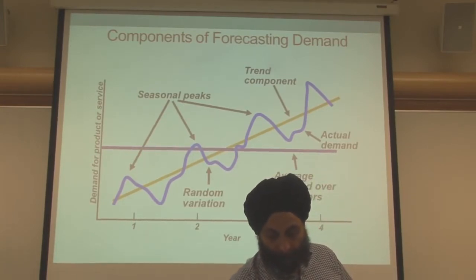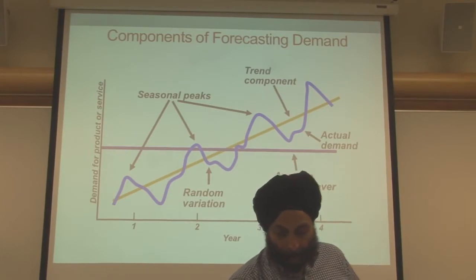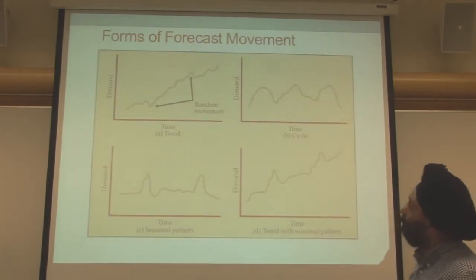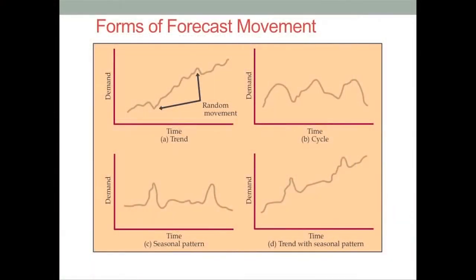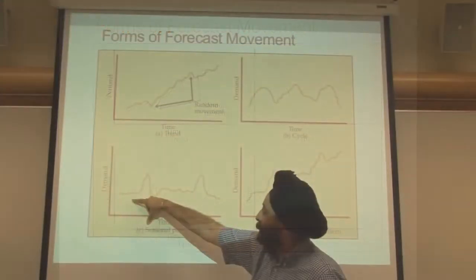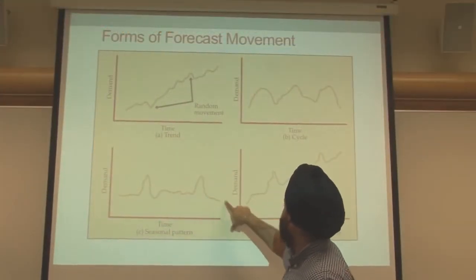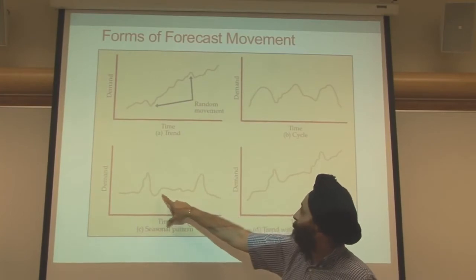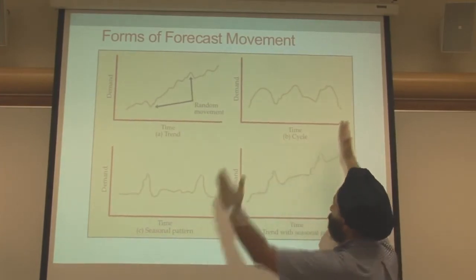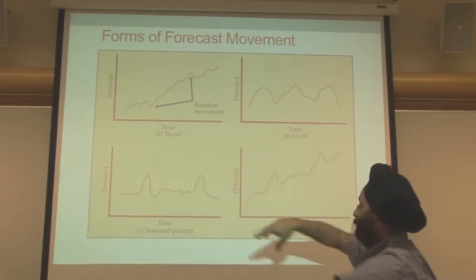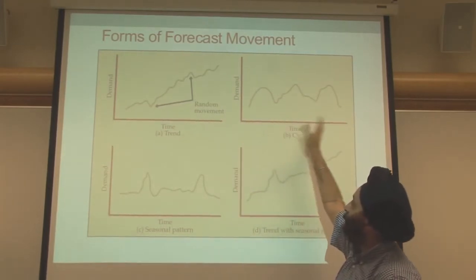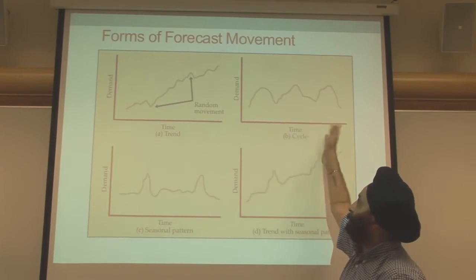Now, in terms of specific forms of forecast movement, just to separate out things, you can see the random movement over here, whereas a seasonal pattern is every so often that you have this trend. And when this pattern is shown over a larger time frame, those are the cycles, the business cycle.